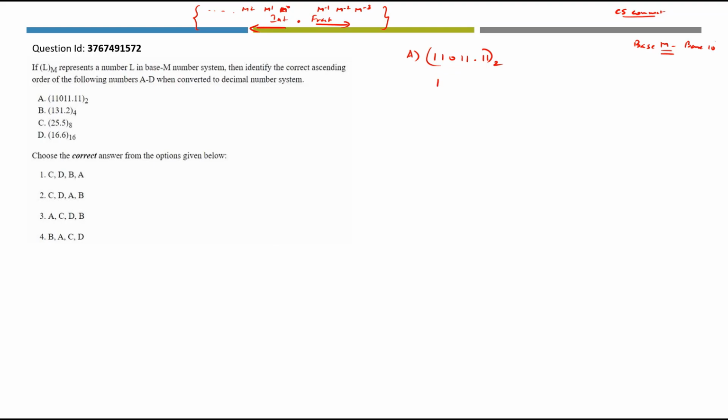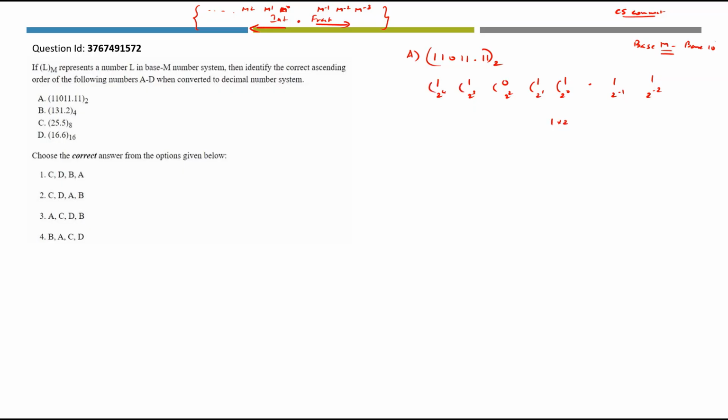So let's take 1, 1, 0, 1, 1.11. So this will be 2 power 0, 2 power 1, 2 power 2, 2 power 3, 2 power 4. This will be 2 power minus 1 and this will be 2 power minus 2. We have to multiply these and then sum up all the terms together.